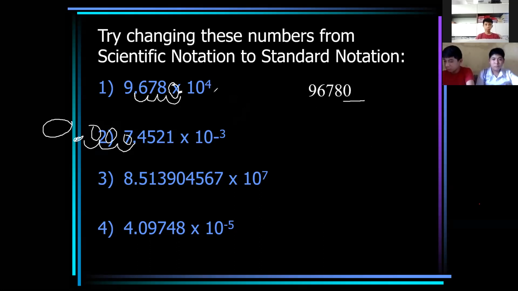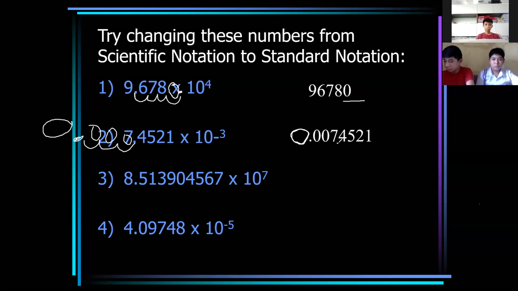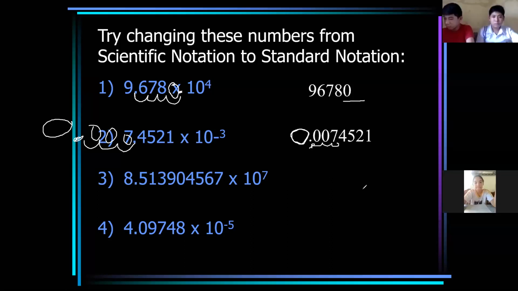So the answer would be 0.0074521. Pardon, class. There should be a 0 here. Okay, there should be a 0 here. So we have here the decimal point in between the 7 and 4, moving it to the left 3 times, 1, 2, 3. And there you have the decimal point located there.